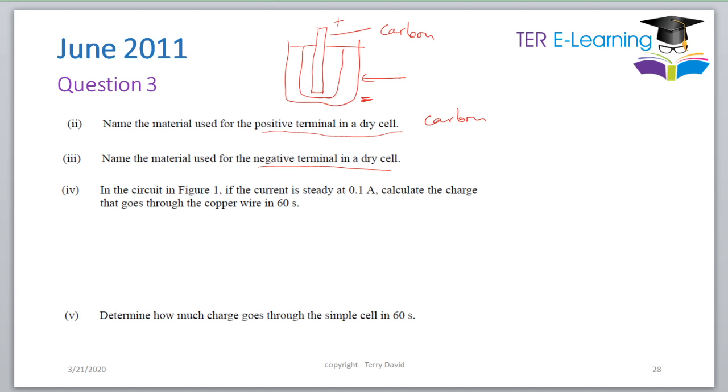Now guys, remember we did this in class, so you should have the notes even if you can't remember. Alright, so Tyrese is saying zinc, that is correct. So the material used to make the negative electrode is zinc.